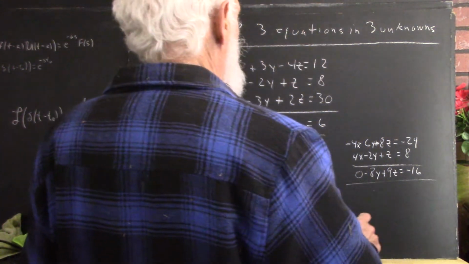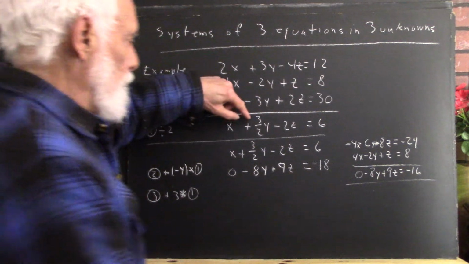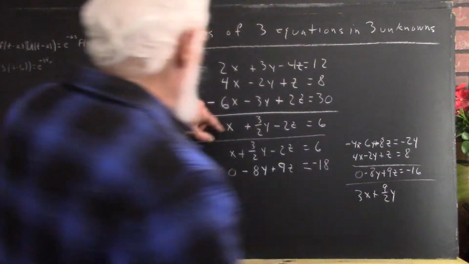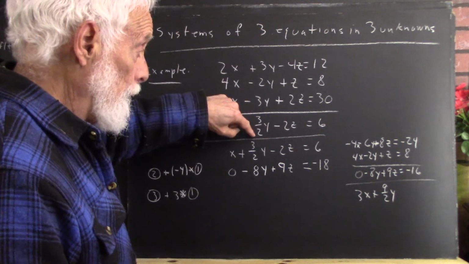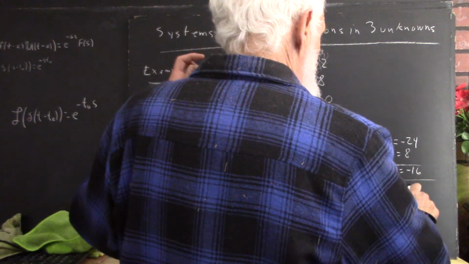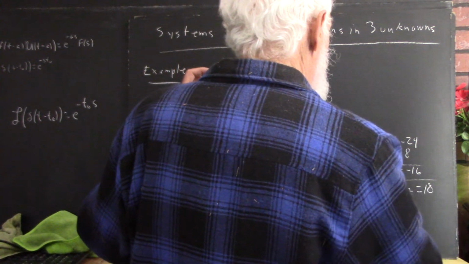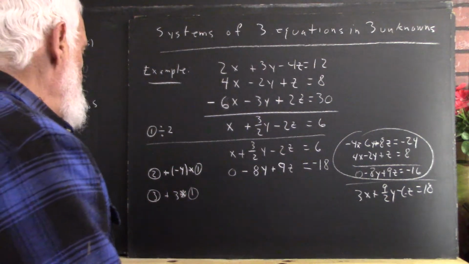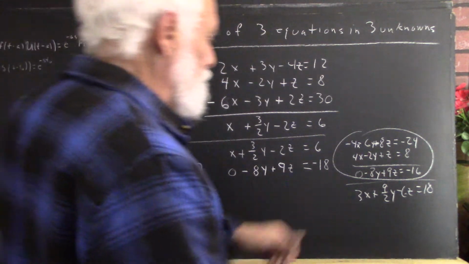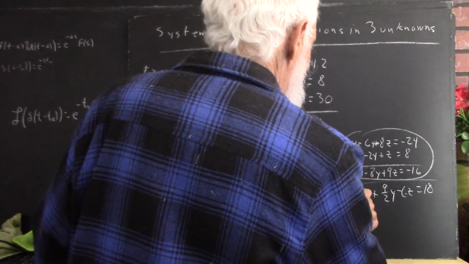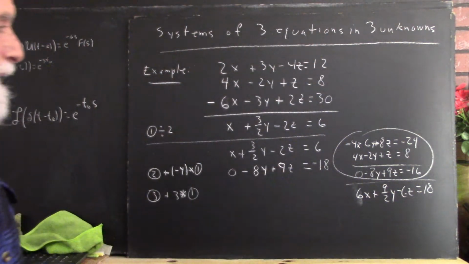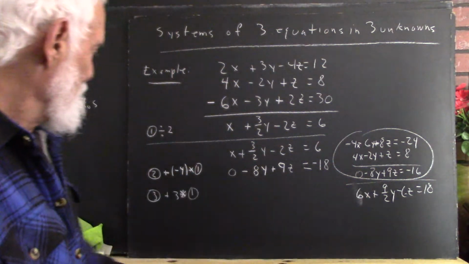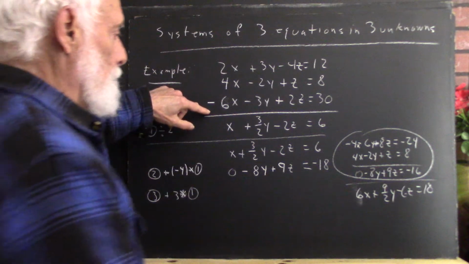So I'm going to get 3 times equation 1, which is going to be 3x and then 3 times 3 halves is 9 halves, so that'd be 9 halves y, minus 6z equals 18. And I add that, and it's not 3x, it's 6x. It's April, it's the month for brain fog, and I've got a lot of it, sorry. 6x here. And now that's going to match up with my negative 6x.